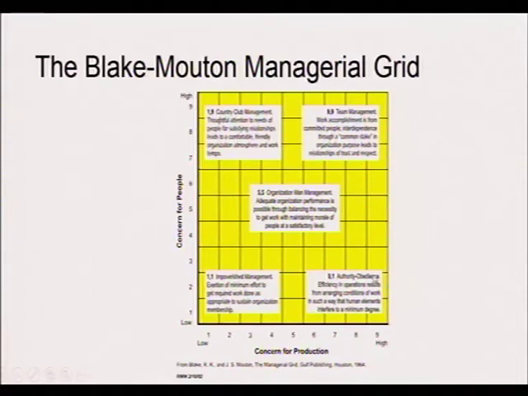So the two concerns are very high, for production and also the concern for people. But then you also have the one in the middle, which we call the organization management, which is not extremely high and not extremely low, in both the concern for people and the concern for production.